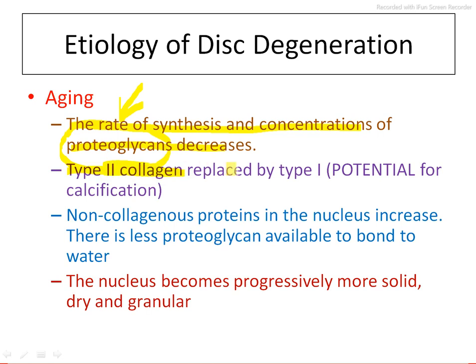During aging, it is replaced by type 1, and we know type 1 collagen is more prone to calcification. And in the intervertebral discs, non-collagenous proteins increase in the nucleus, and because of this there is less proteoglycan and other proteins, so there will be less water binding. And as a result, because of dehydration, the nucleus becomes progressively more solid, dry and granular. So in this way, can it perform the normal biomechanics? No, it can't.